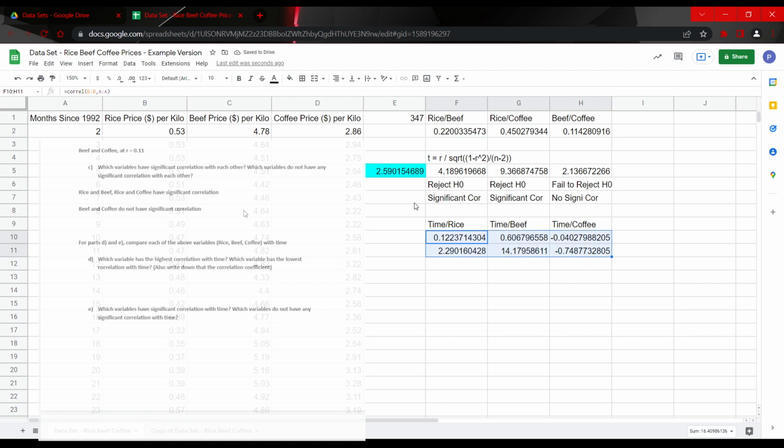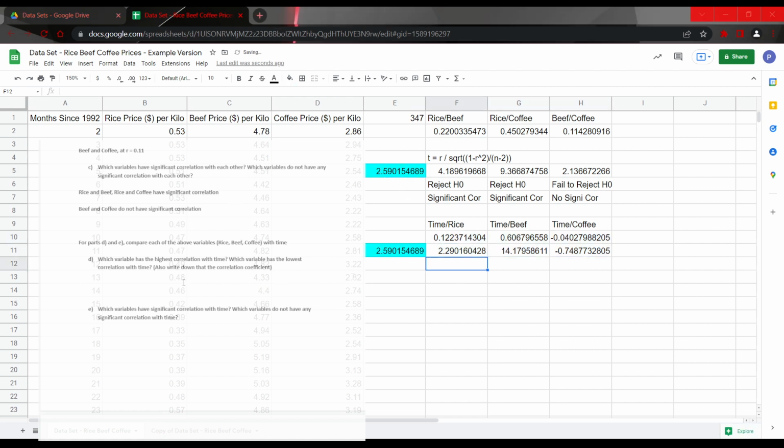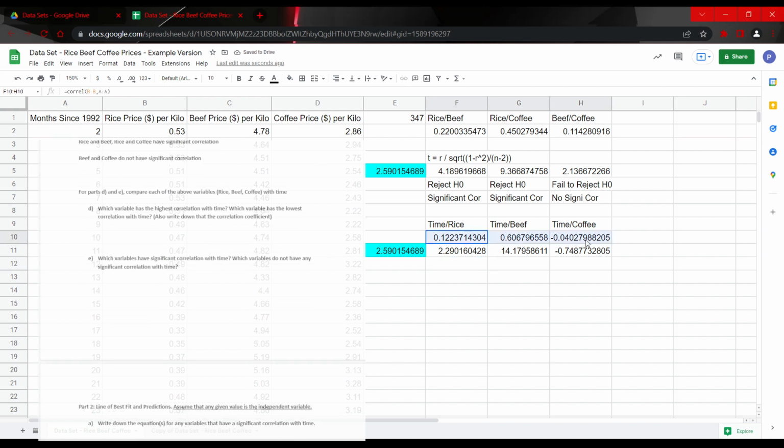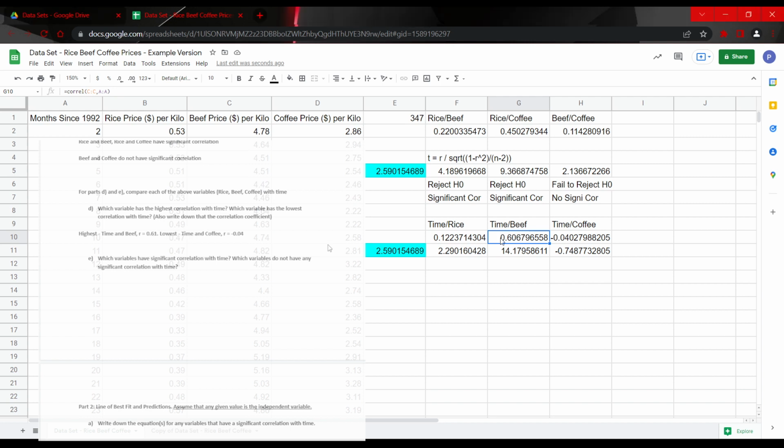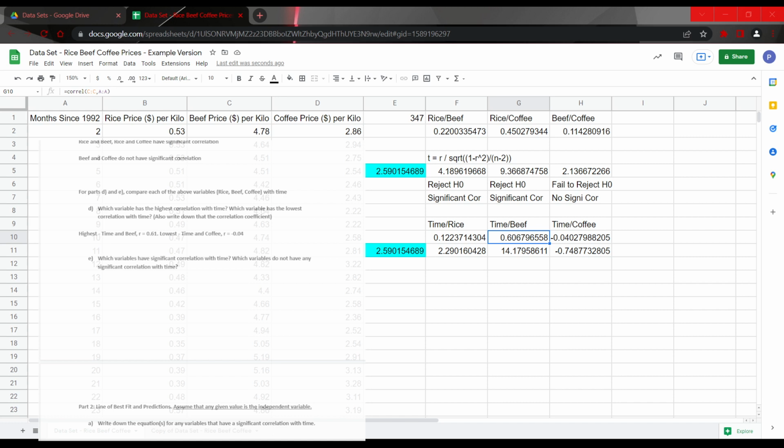And so for the next part, for part D, I'm just going to look at these. My highest correlation is time and beef. My lowest correlation is time and coffee at r equal to negative 0.04. For the highest, it's r equal to 0.601, or 0.61.